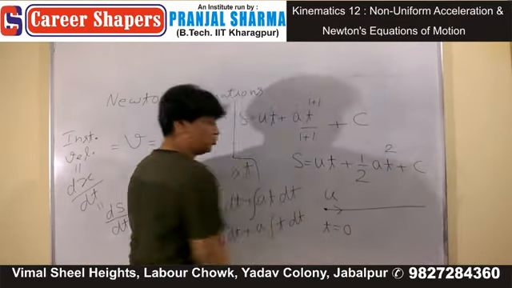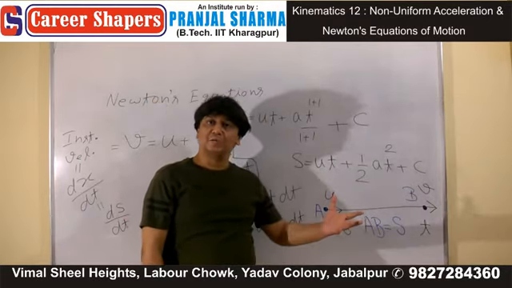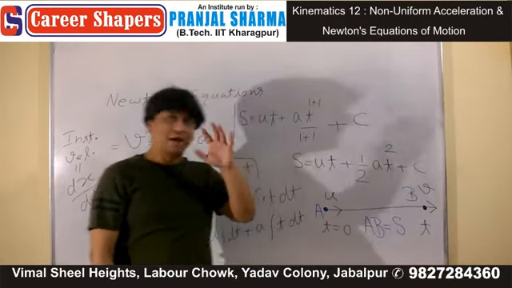What was S called? S was displacement at time t. Now, if I ask you what is displacement when time is 0, you will say that the object is at A, you started from A. That means at t equals 0, displacement is 0. Listen again.